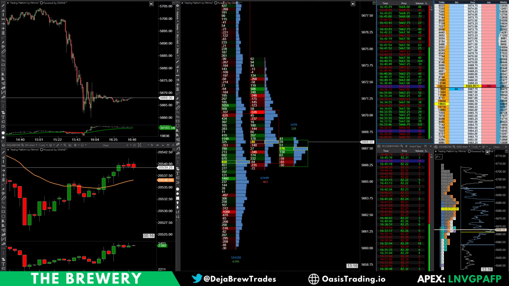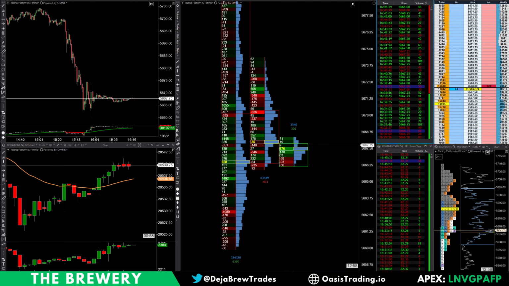All right, with that out of the way, what am I looking for on the DOM? Why do I only look at level 1? What I'm looking for is, when we are trading on a certain level, the same way that I read the tape, who is protecting that level? Is it being respected?